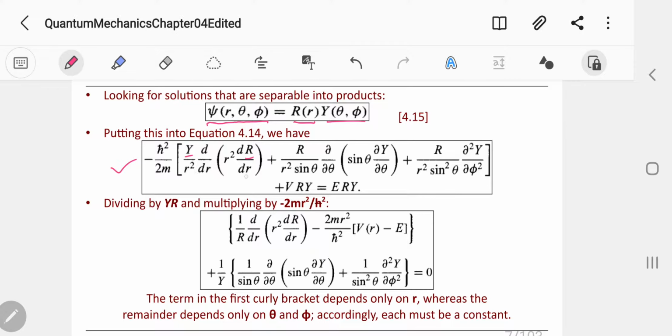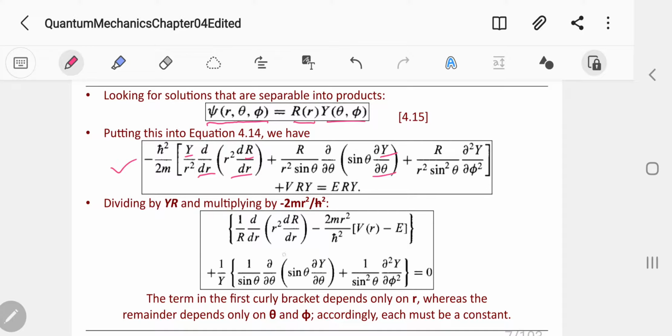The Y gets out of here because this is only differential with respect to r. And for this one, you can take R out because Y is only variable with respect to the angular variables theta and phi.